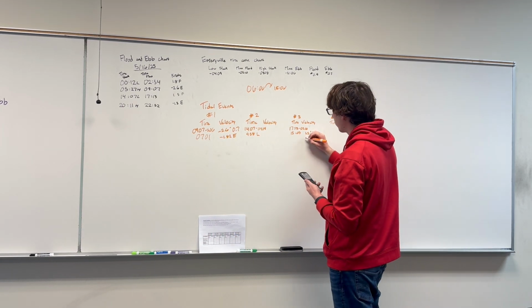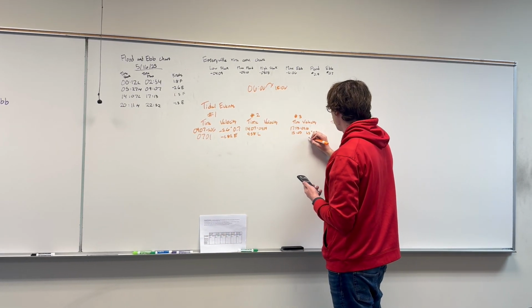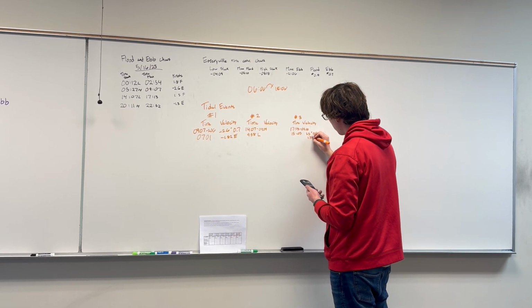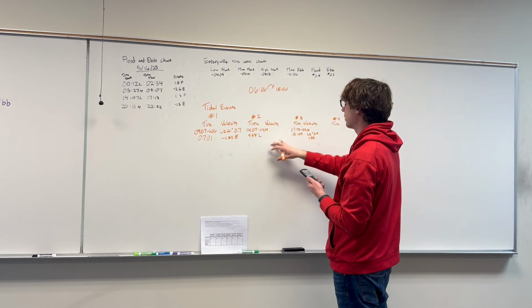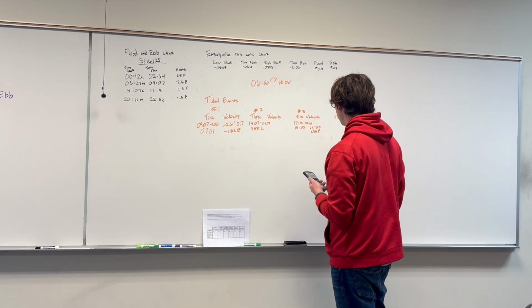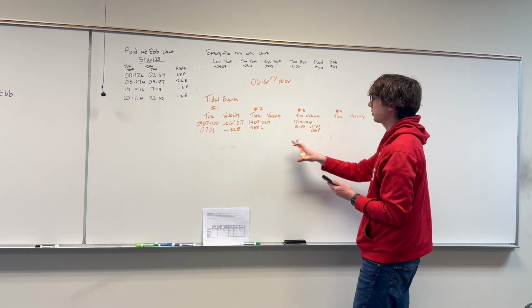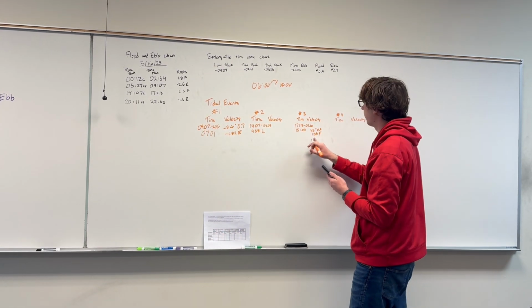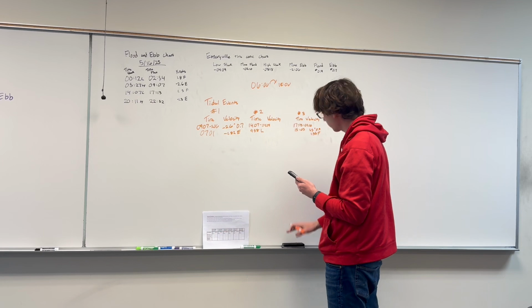That's going to be 1.35. And then since it's a flood current, we're going to have to write 1.35F to show that it's a flood. An easy way to also find out if it's a flood or an ebb is ebbs will always be negative and floods will almost always be positive.